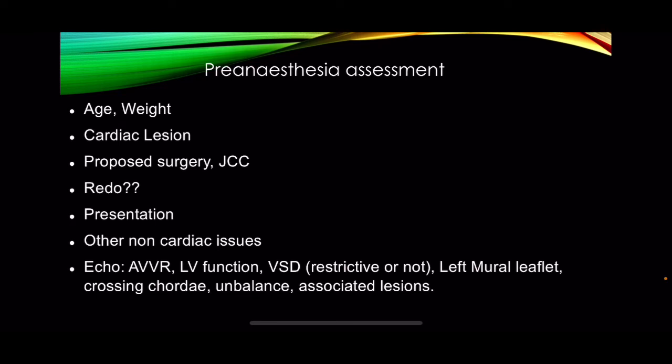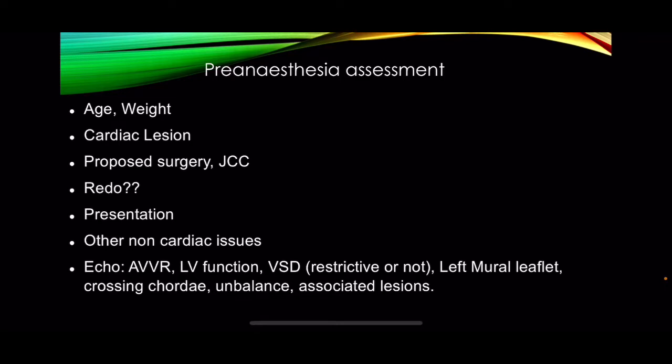So the pre-anesthetic assessment will start first with the patient's age and weight. The patient's age is important because if this child is presenting very early, like in the first months of life, that means there is an indication for that, which most probably will be ventricular failure and shock and low perfusion because of severe AV valve regurg.